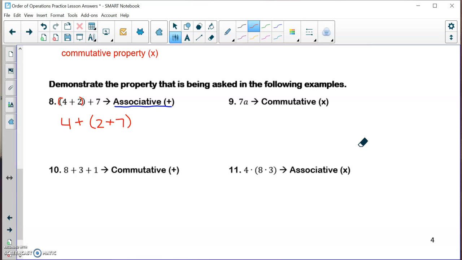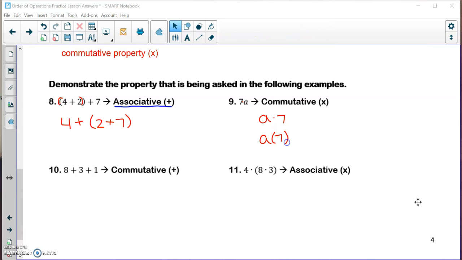Number 9, we're doing the commutative property of multiplication. So here I have a 7 times an a, because remember when there's no symbol in between that 7 and a, that's really multiplication there. So I want to flip the order. There's multiple ways you can write this. You can write this as an a times a 7 like this, and you could write it as an a times a 7 like this.